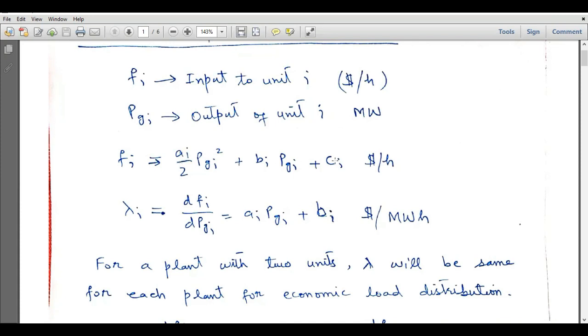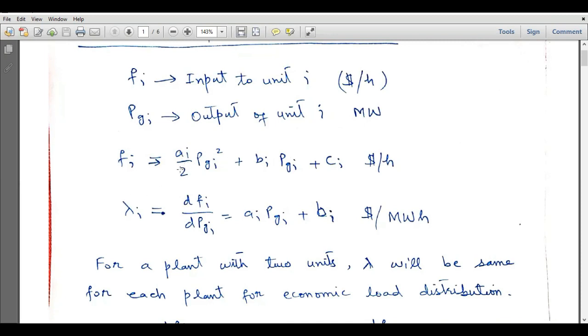So this is the general second order polynomial and it is represented by Fi = (ai/2) Pgi² + bi Pgi + ei. So why have we used ai by 2 over here? Because in the next step we will be evaluating the derivative of this fuel cost function.